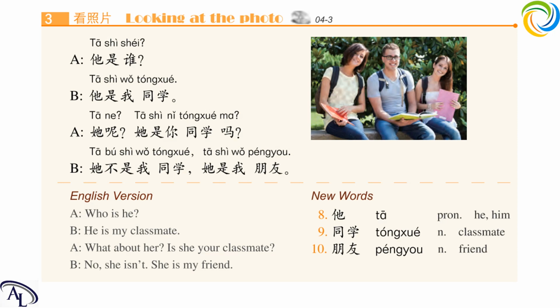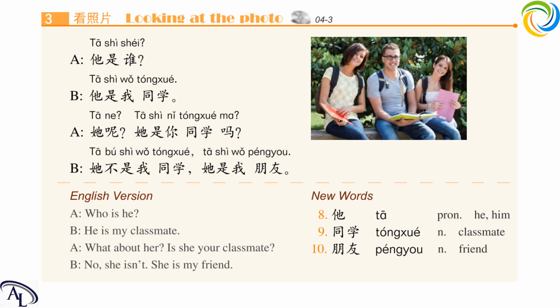First one is 他, not a new word. We just learned it when we are studying the 她, woman 她. And this is the man 他, which means he or him. Okay, 他, read after me. 他. Next one is 同学.